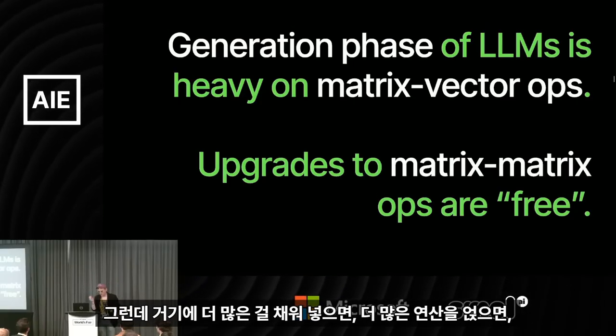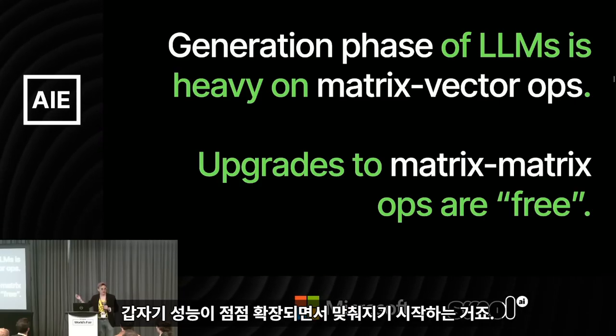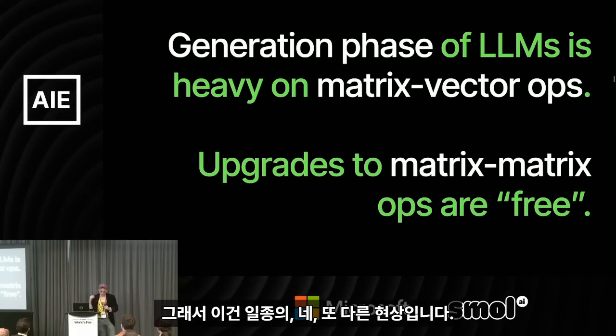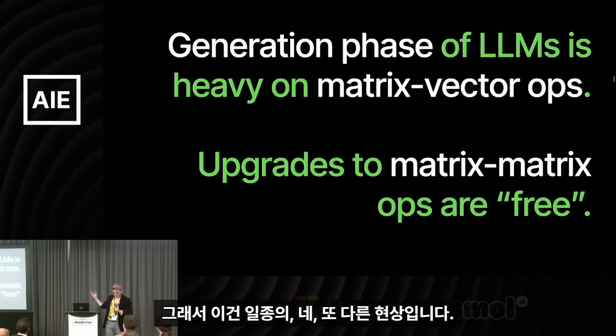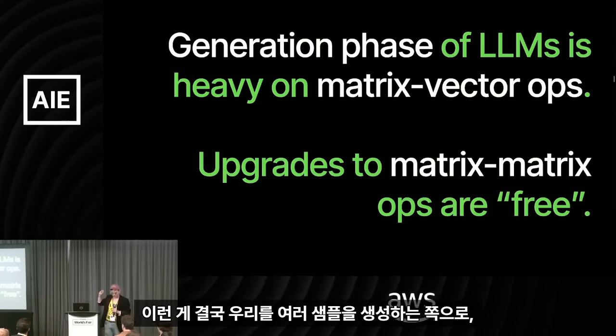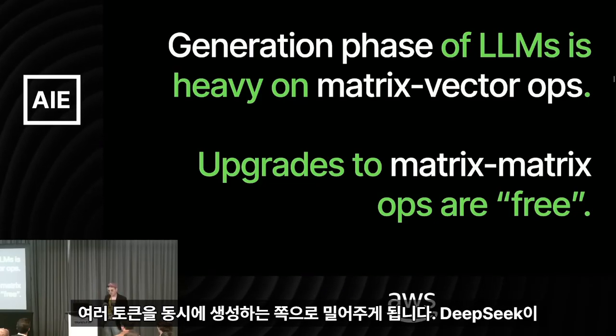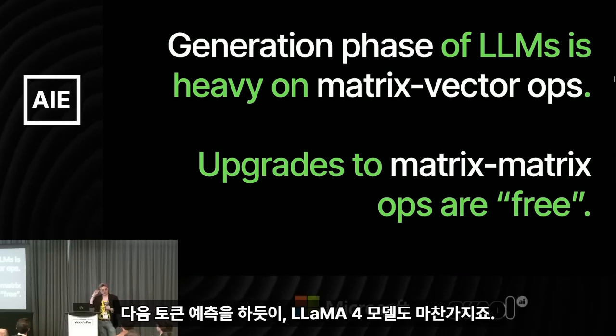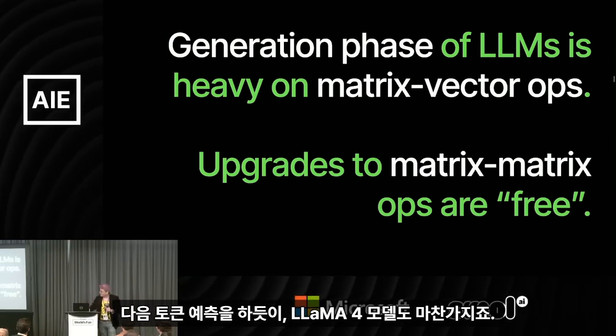And so if you just add more stuff there, all of a sudden the performance scales to match. So this is another phenomenon that pushes you in the direction of generating multiple samples, generating multiple tokens, as DeepSeek does with next token prediction, and I think the Llama 4 models do as well.